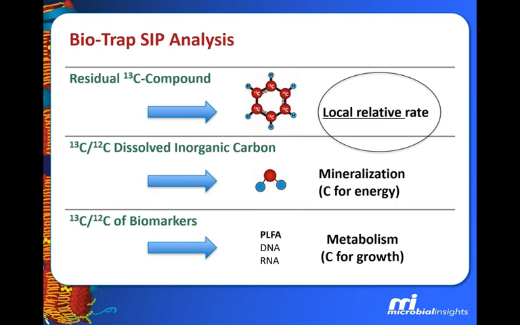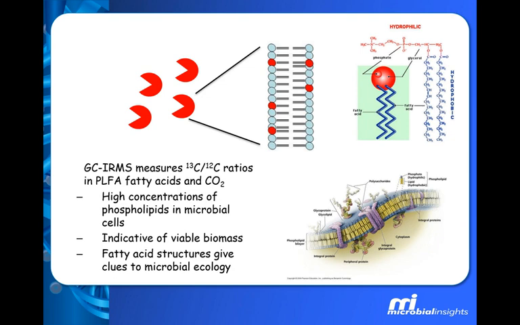All we're doing here is comparing this part of the aquifer to that part of the aquifer. If we're getting 90% loss over here, but only 40% loss over there, then you can be pretty confident that you're getting greater rates of that target compound where you saw the 90% loss. But that's why I've underlined here, this is a local comparison, and it's simply a relative comparison, comparing one well to another at a single site.